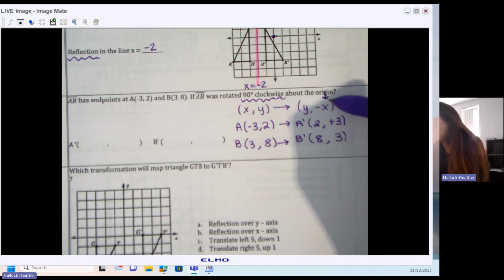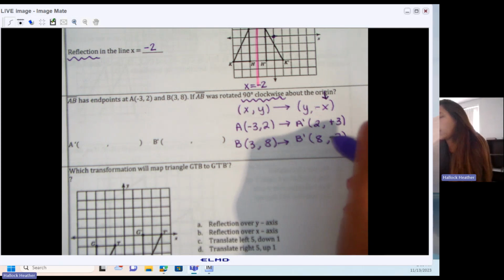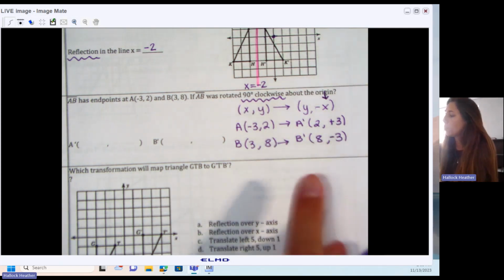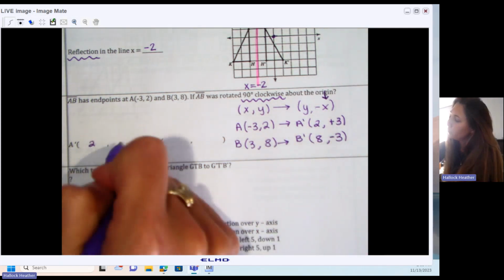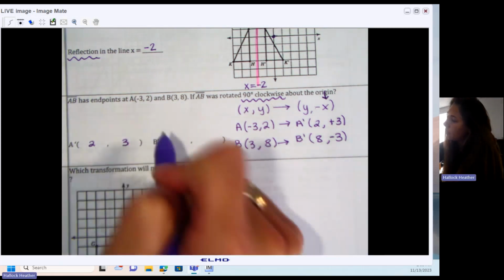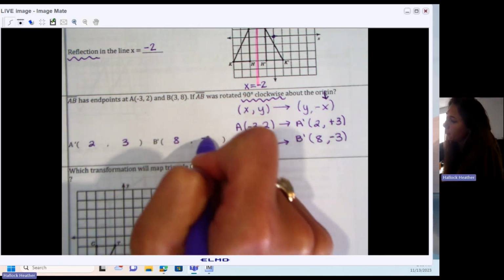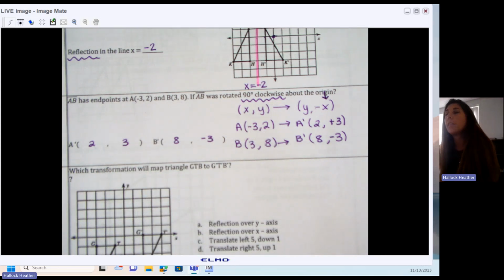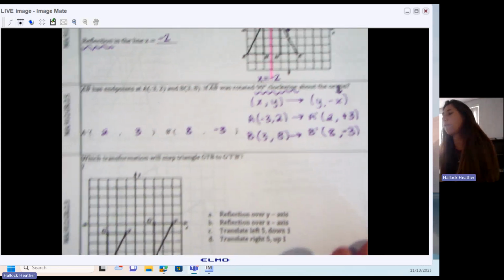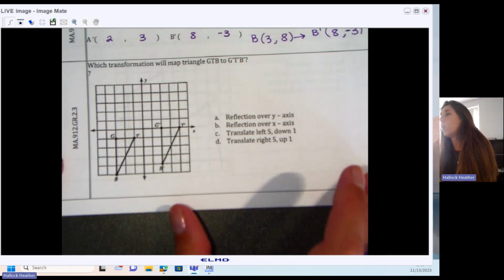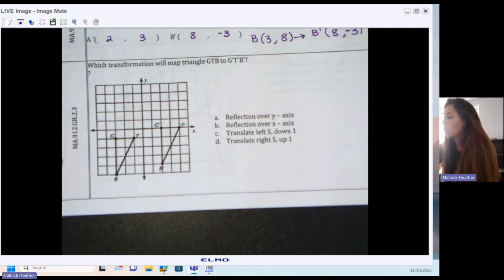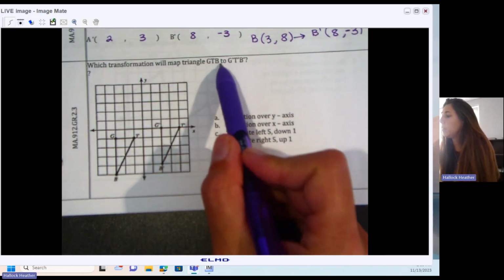Same thing, this back number is changing, so this now becomes negative. So my answers are (2, 3) and then (8, -3).